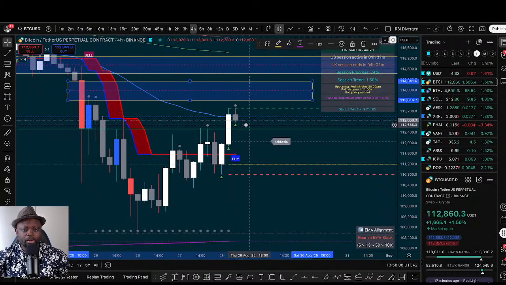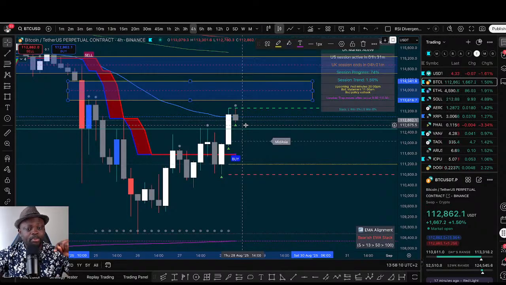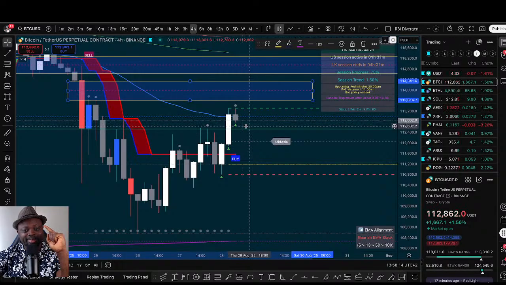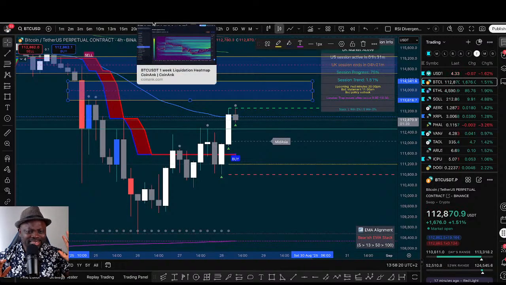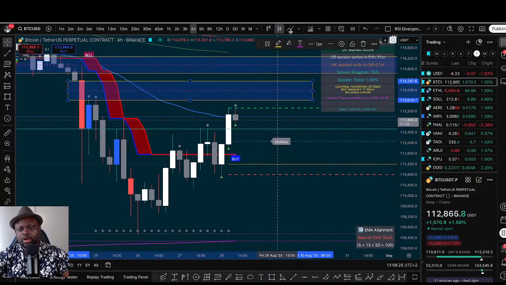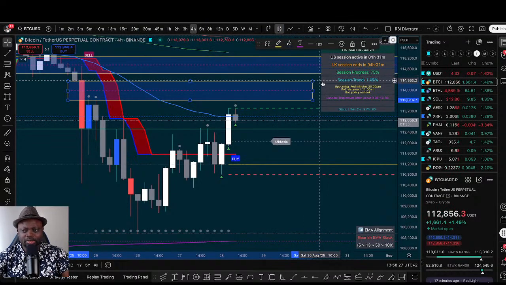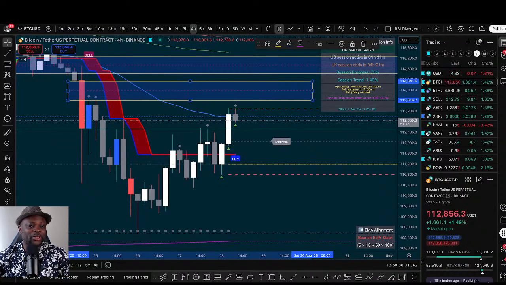Also, because we are here, I want to sell. Why? We might still come right down to $108,000, looking at this liquidity heat map. So that's what you should be looking at: dominance, and also what other price action is doing. From there you can decide what to do with your Bitcoin, with your altcoin, and so on and so forth.